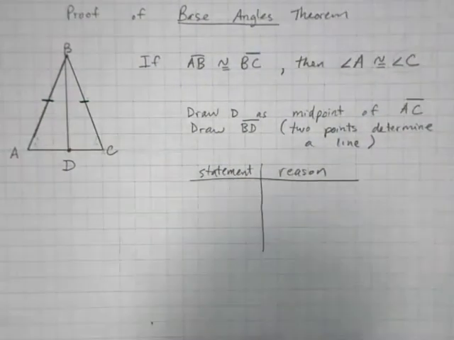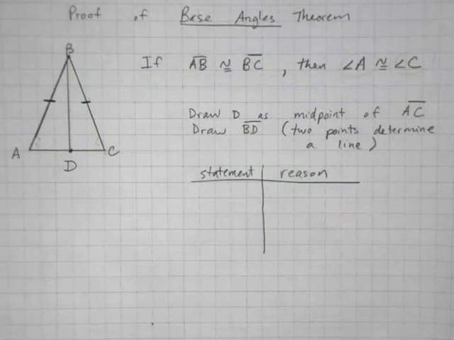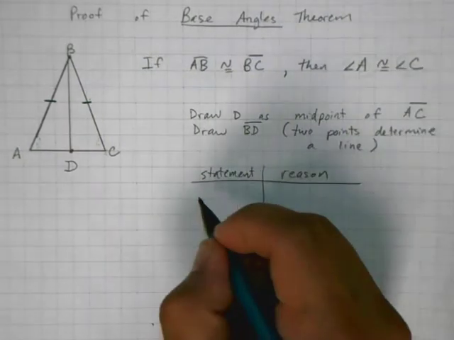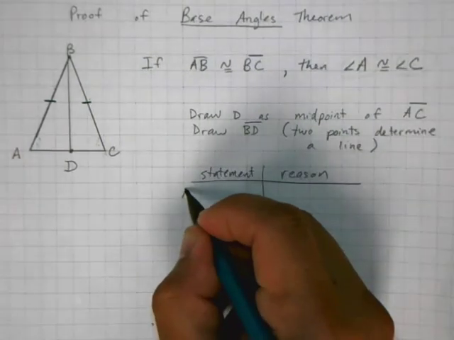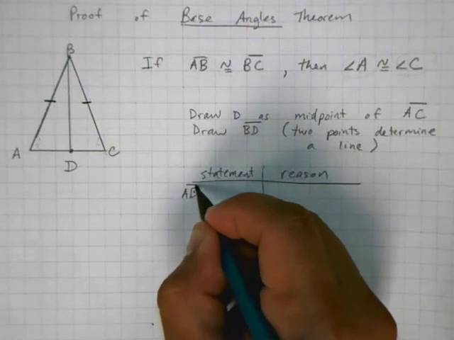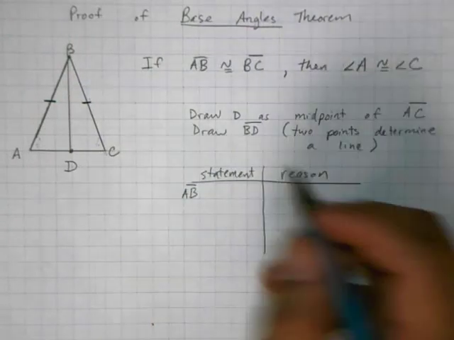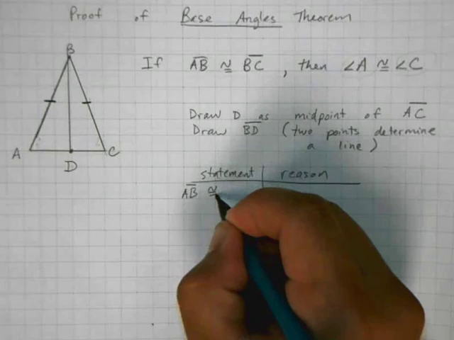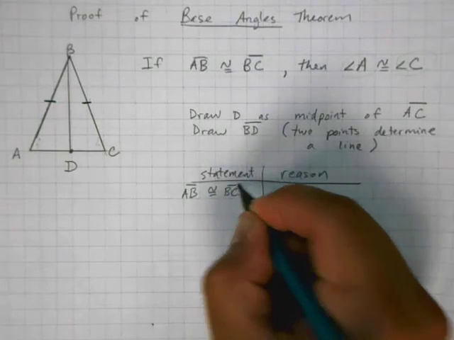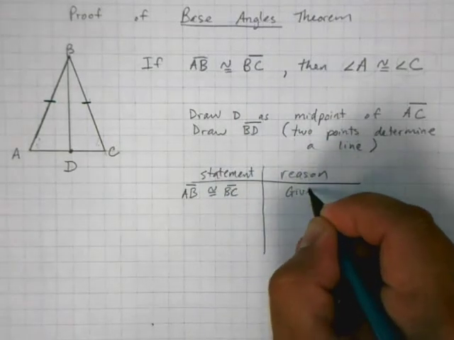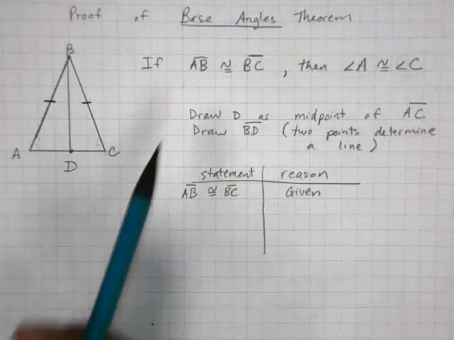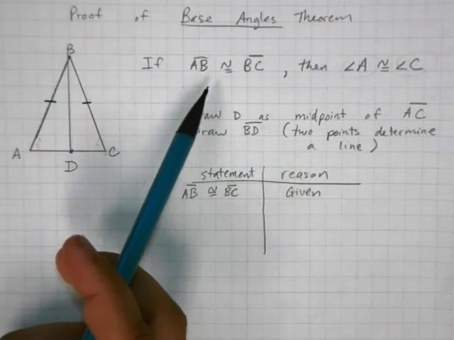Okay? So the first thing that I'm going to say is that AB is congruent to BC, and this is given. I say that it's given because it's part of the hypothesis, part of the premise of our if statement.